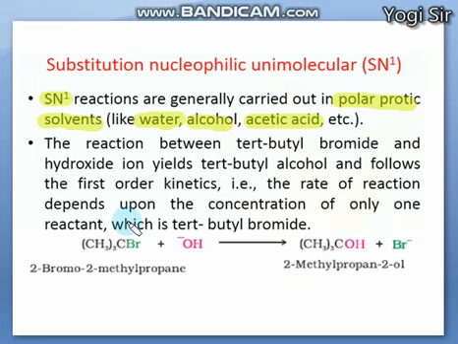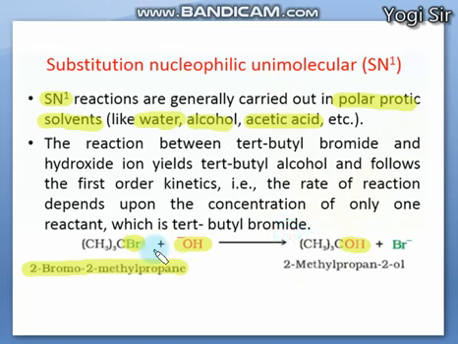Here one example is given: 2-bromo-2-methylpropane, that is a tertiary compound, tertiary butyl bromide, which reacts with OH minus. This OH displaces the bromine and binds on this carbon atom to produce tertiary butyl alcohol.